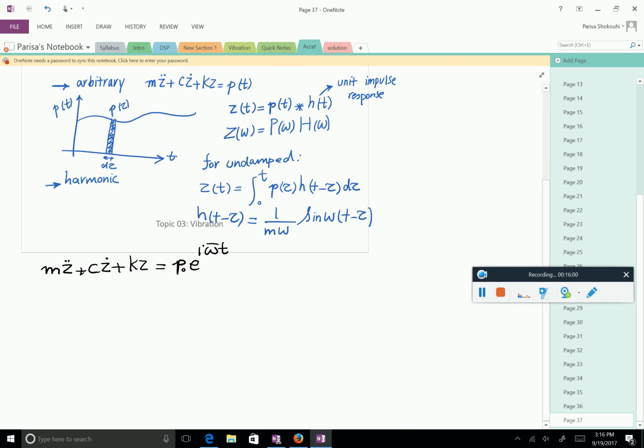And in that case, we learned that we can obtain the solution in the frequency domain very easily. We took the Fourier transform of both sides, and we saw that since the harmonic loading has only one component at one frequency omega bar, the excitation frequency, everything becomes very easy.